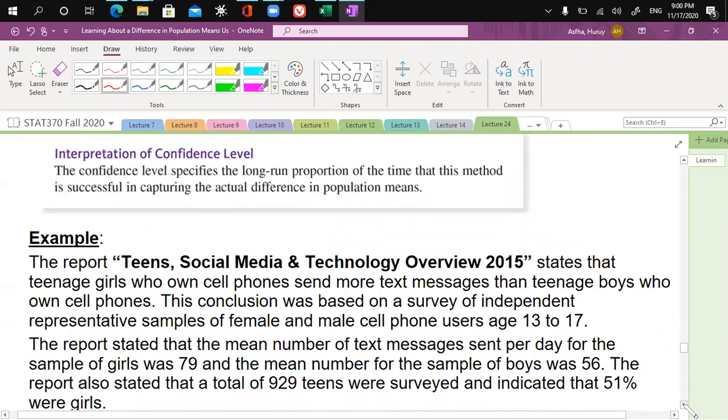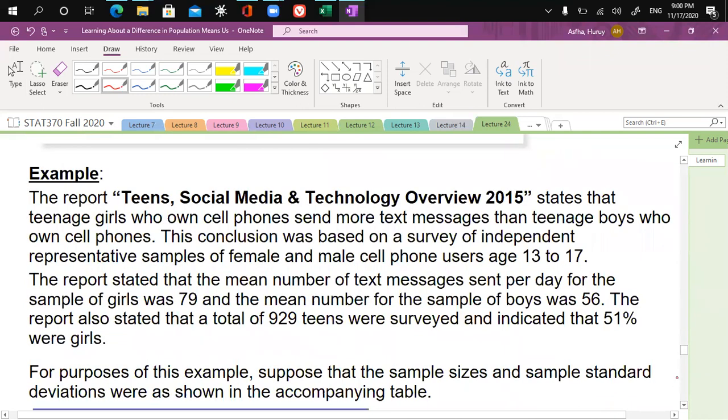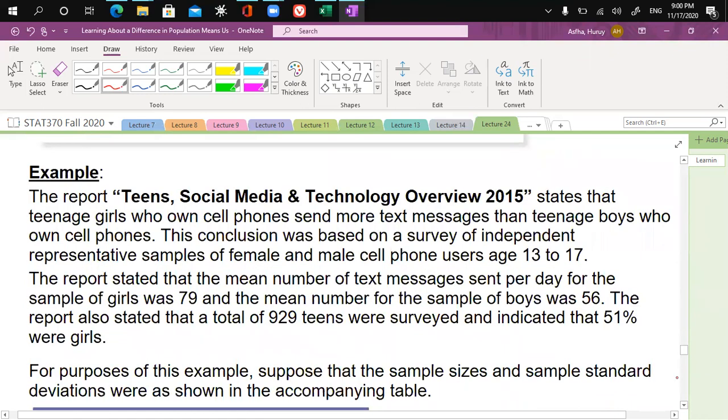Now, let's look at this example. This report states that teenage girls who own cell phones send more text messages than teenage boys who own cell phones. So it's a comparison of teenage girls and teenage boys, who sends more text messages.